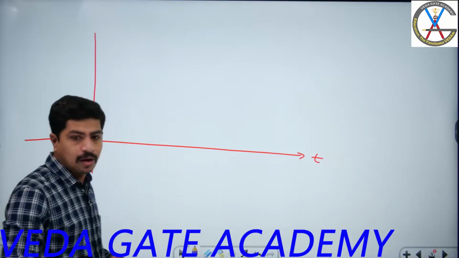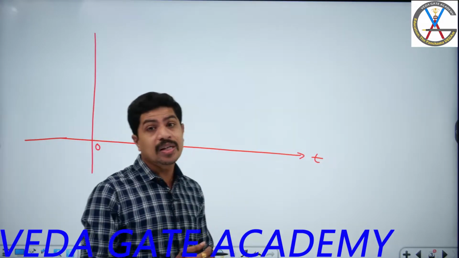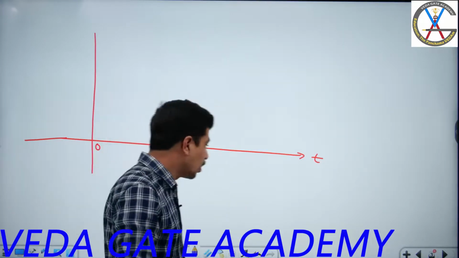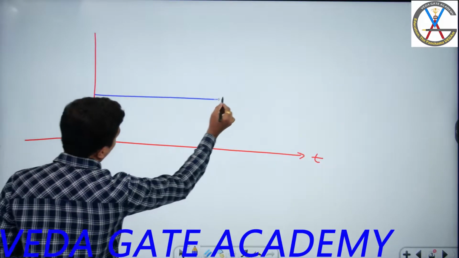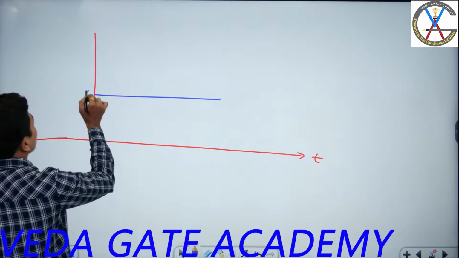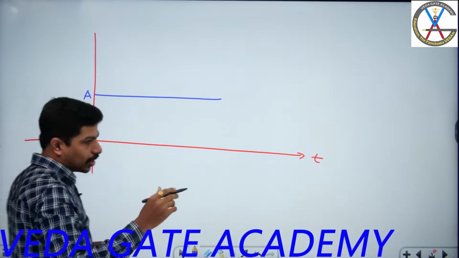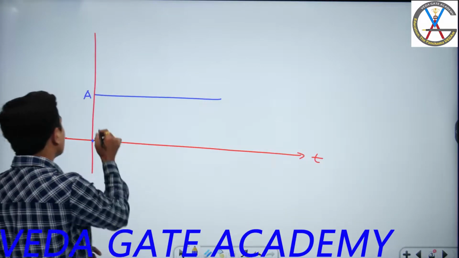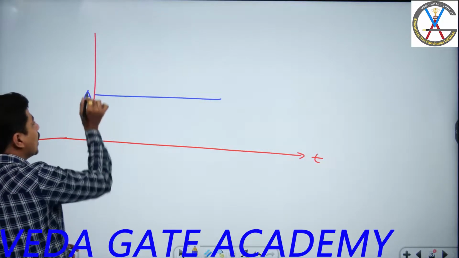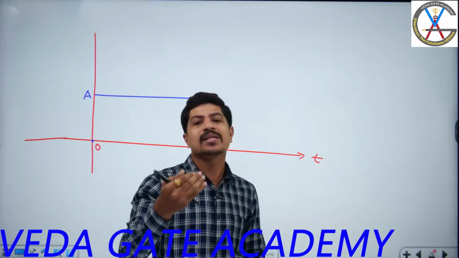According to the definition, a into u of t is a for t greater than 0, and 0 for t less than 0. But graphically, we will be showing it like this. This magnitude is a. Then you might have a doubt: sir, you told that a into u of t is a for t greater than 0, but at t is equal to 0 itself, you are showing it as a. That is called a step discontinuity.